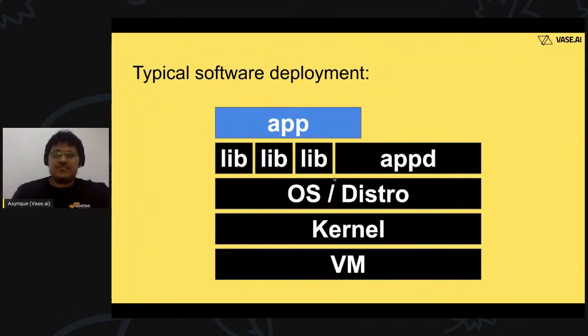Then you have the OS, which is all the other bits and pieces around the kernel that handle stuff for the operating system, a bunch of libraries, and then finally, your app. The code that you actually write is only this part, this is what you control. However, you have to manage all of this stuff.